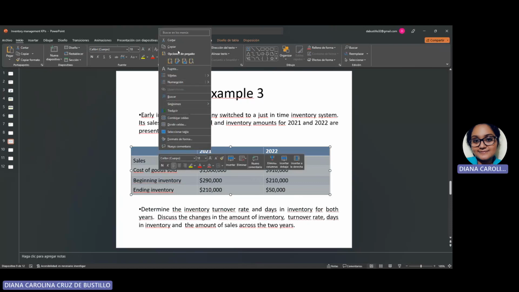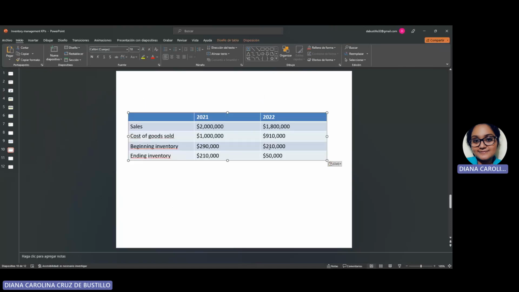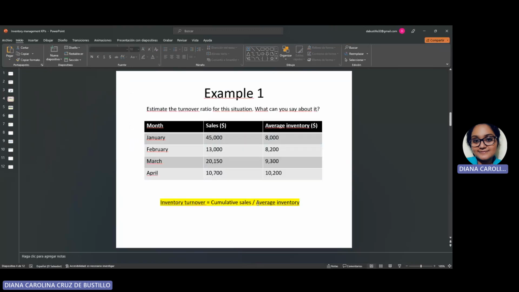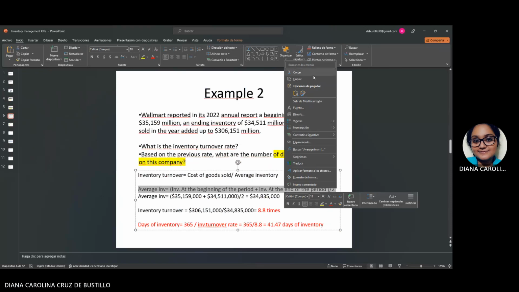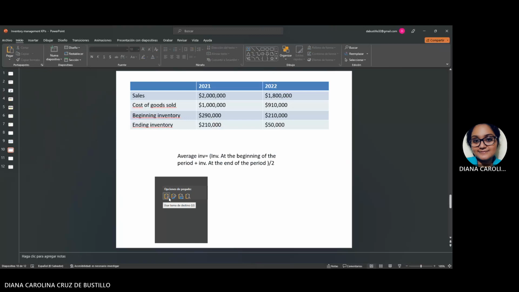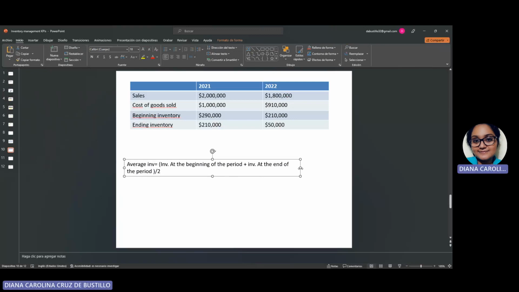So in order to calculate the turnover rate, we need to calculate a little bit more things here. So the inventory turnover rate is this. Okay, the average inventory we needed.